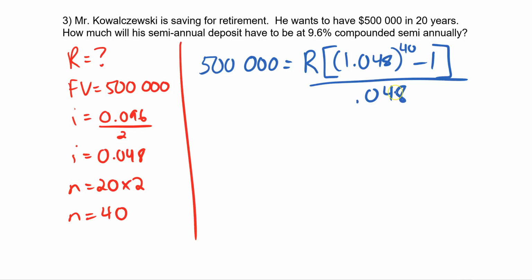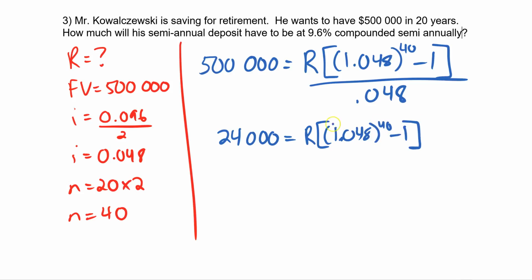Now to do that, I'll multiply the other side by 0.048, and I get a value of exactly $24,000. Now, do not round that if it doesn't work out to be a nice number. Otherwise, you're going to run into some trouble. So I'm left with R times 1.048 to the power of 40, subtract 1. I'm not actually evaluating that there because I know it's not going to come out to a very nice number. But I can divide both sides by 1.048 to the power of 40, subtract 1.